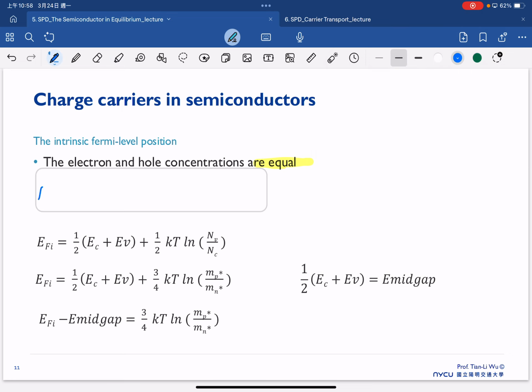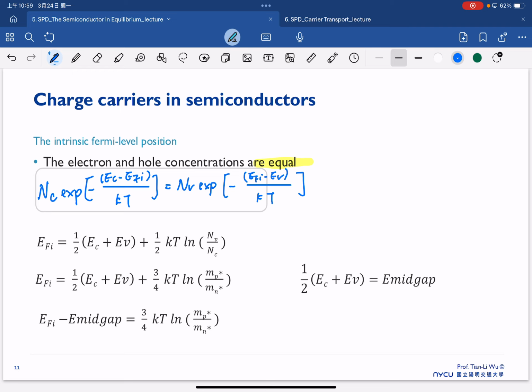our previous equation, NC exponential of EC minus EFI over kT, is equal to NV exponential of EFI minus EV over kT, because now the electron concentration is equal to the hole concentration.